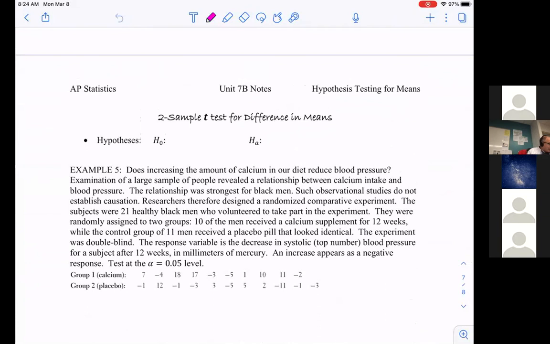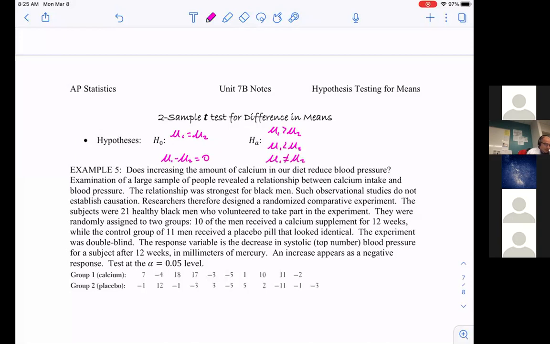So we actually kind of wrote this down on the other page. This is mean 1 equals mean 2, or we're talking about the mean 1 minus mean 2 is set equal to 0. So those are the two ways that I can write this. Alternately, that means that mean 1 is greater than mean 2, mean 1 is less than mean 2, or mean 1 is not equal to mean 2, which was what we did.